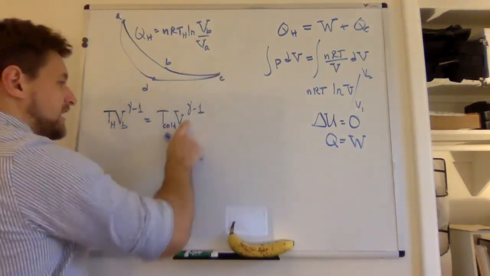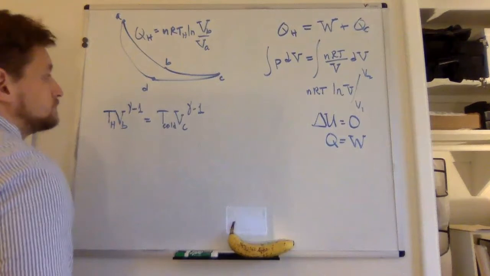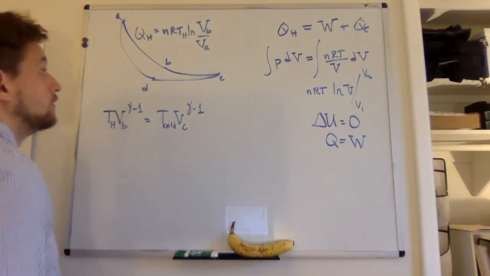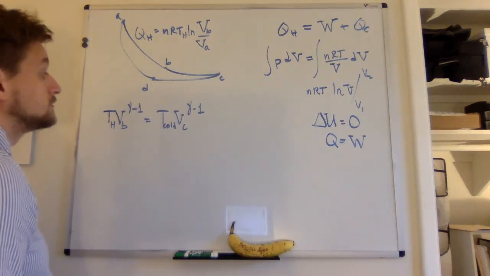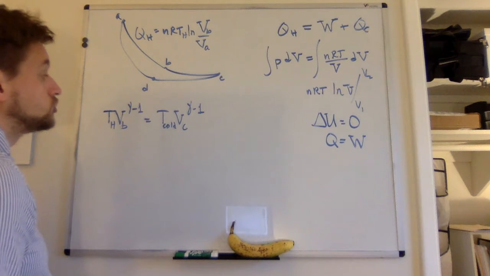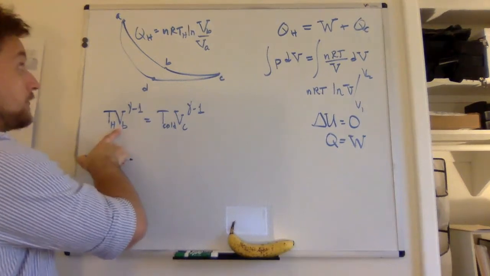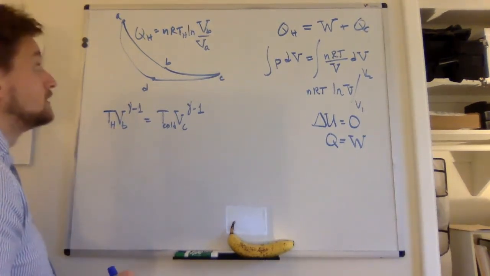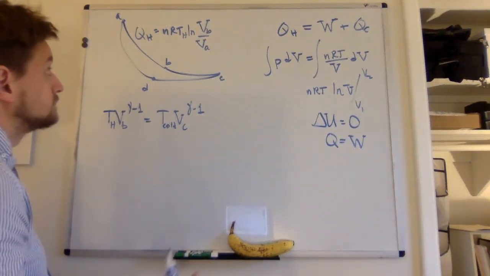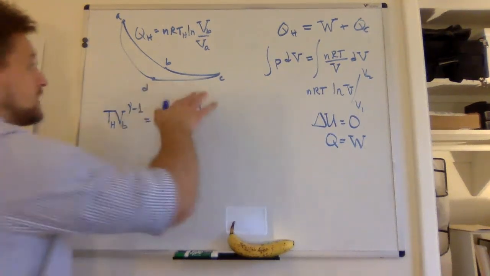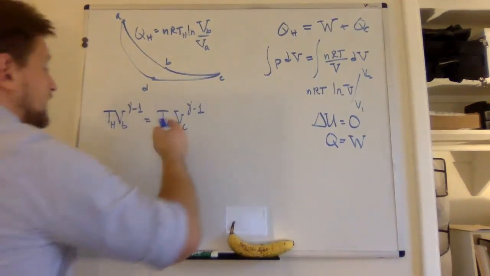This volume is the volume that we have at point C. Okay. So VB, let's solve for VB.